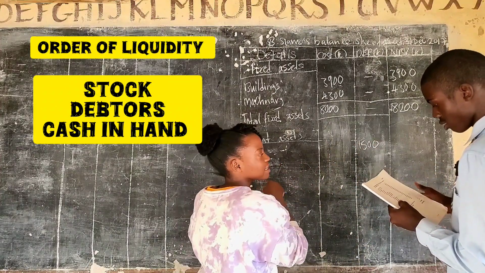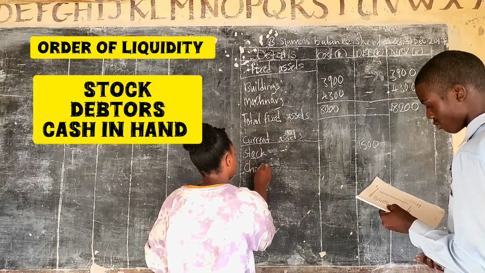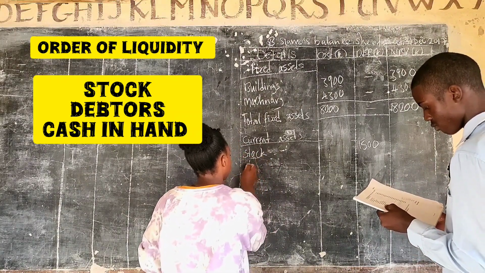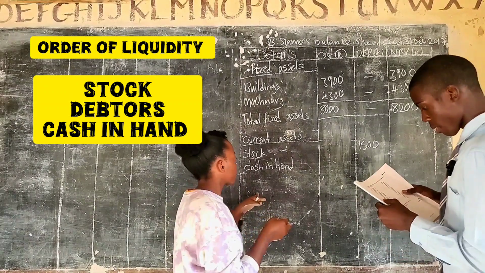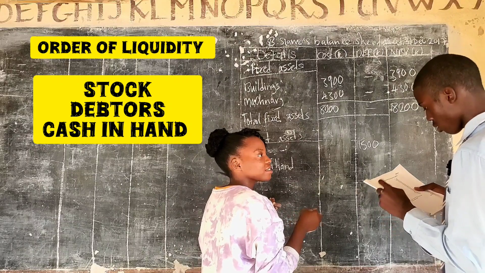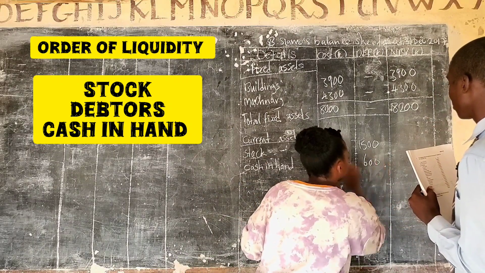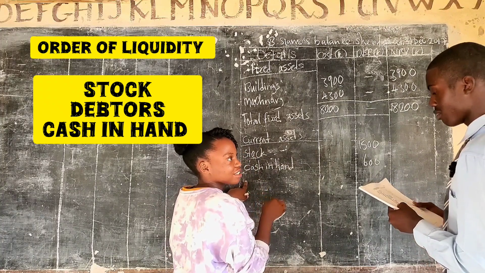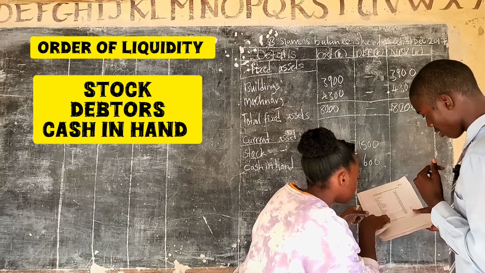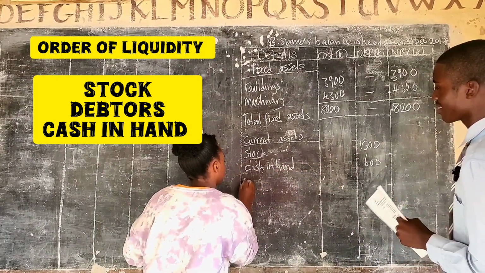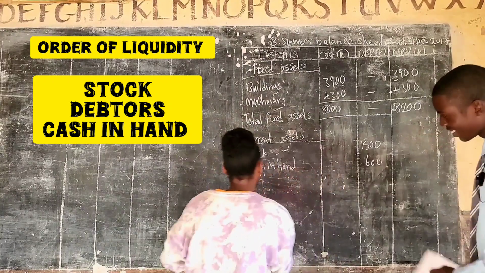What else? Cash in hand. How much? 600. What else? Debtors.